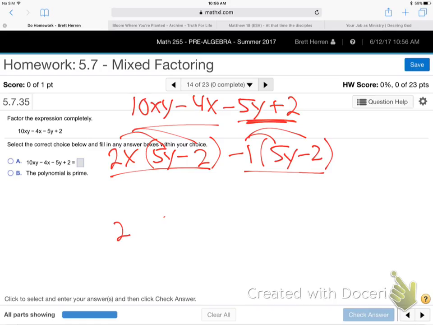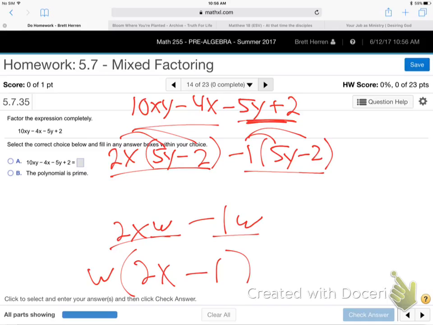What if you had 2xw minus 1w? What if those were your two terms? I wrote that w kind of funny. I mean, let's just put it right next to it. Anyway, what would you take out in common? What do they both have? w. And even though there's two of them, you wouldn't take out w squared. You just take out 1, because that 1 could distribute back, huh?